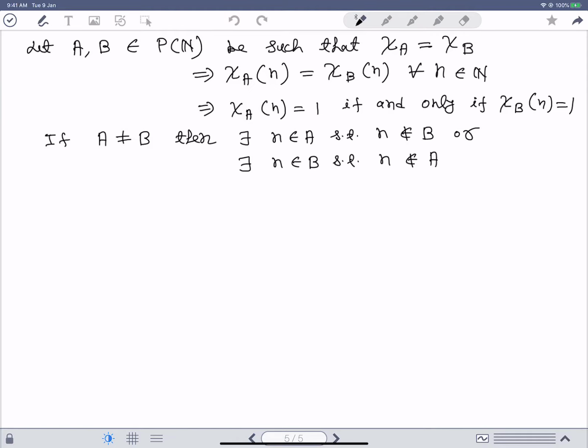But in both of these cases, we can write this as m: chi of A at m is not equal to chi of B at m, because one of them will be 1 and one of them will be 0. Now this is a contradiction, right?